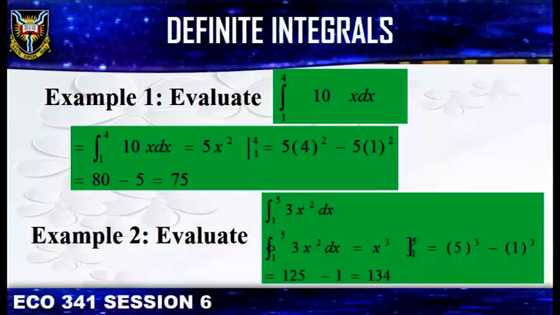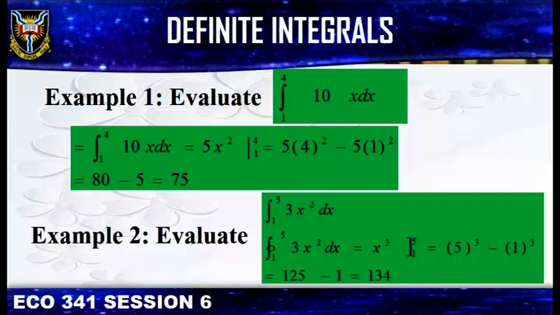Evaluate the integral from 1 to 4 of 10x dx, which is equal to 5x squared from 1 to 4, which is equal to 5 times 4 squared minus 5 times 1 squared, which is equal to 80 minus 5, which is equal to 75.